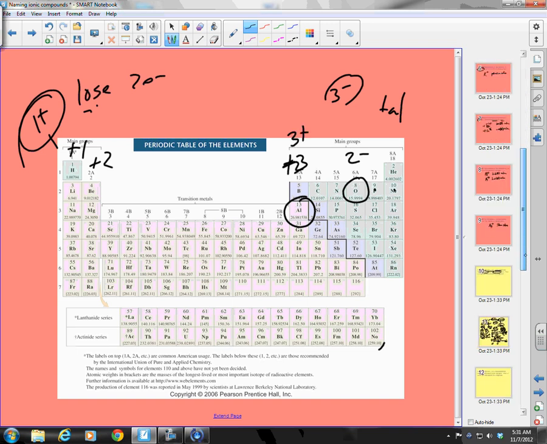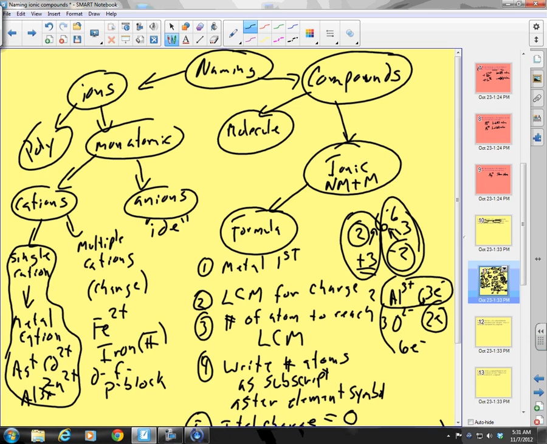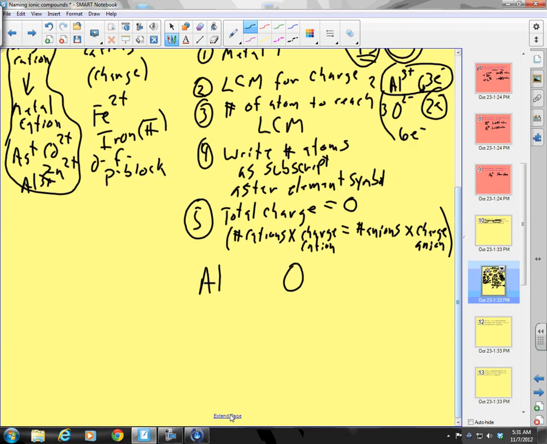So here we go. Let's go to our notes. Aluminum is going to form a 3 plus. Oxygen is going to form a 2 minus. So what's my least common multiple? 3 times 2 is 6. I need 6 electrons lost by aluminum, and 6 electrons gained by oxygen. How many aluminums does it take to get 6 electrons? Well, 2.